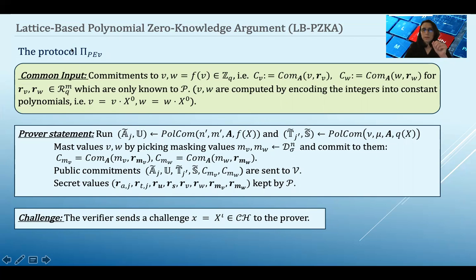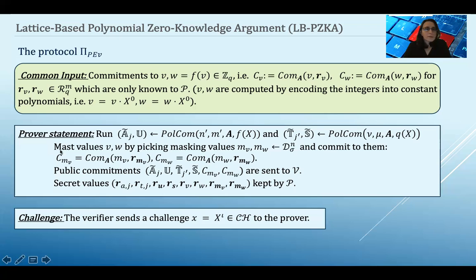So the prover runs the polynomial commitment protocol on input of polynomial f and the commitment key A, and the corresponding parameters and the sizes of the coefficient matrix n prime and m prime. And the same protocol is run for the polynomial q in order to compute the corresponding row commitments.